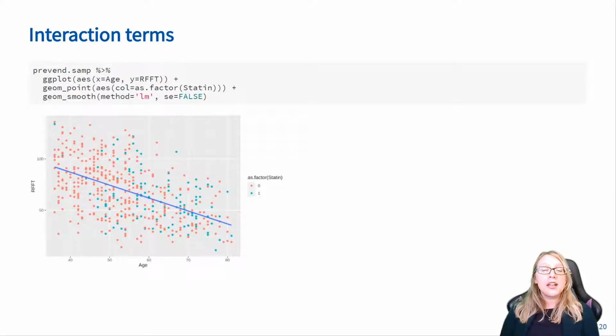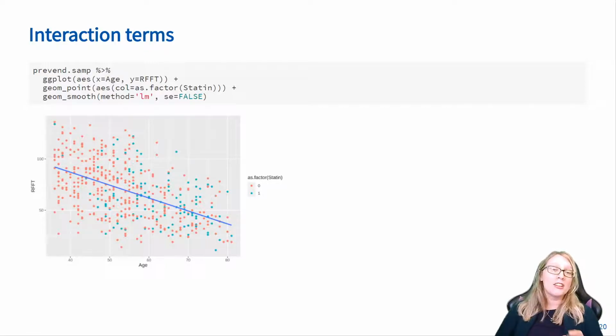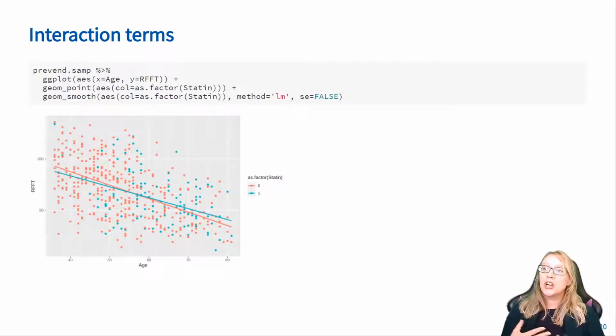Now, what does this look like in practice? Well, here's an example of the overall fitted linear regression model without the interaction term in it. Contrast that to what happens when we add the interaction term into our model. I do want to point out here that what is changing to generate this is that inside that geom_smooth function, which is what's adding the regression line, we are allowing the color of that line to change based on the level of statin use.